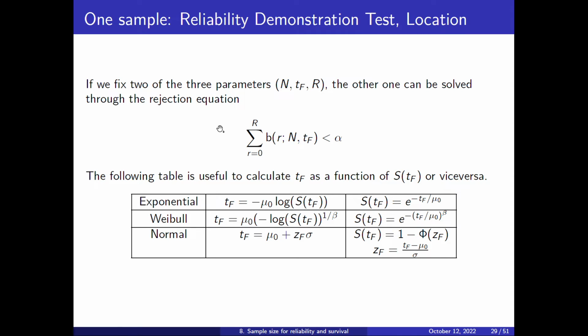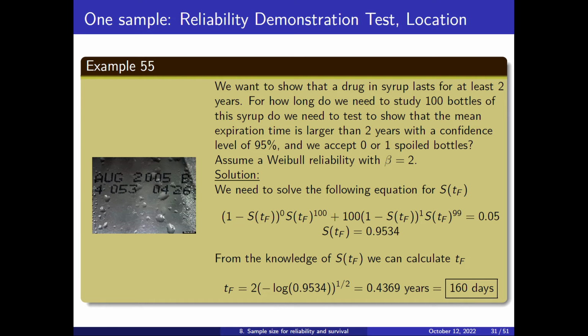This is the rejection equation, and we have said that we admit 0 or 1 spoiled bottles, so we will have this one with r equals 0, this one with r equal 1, and then this has to be smaller than 0.05, and we solve for STF here.